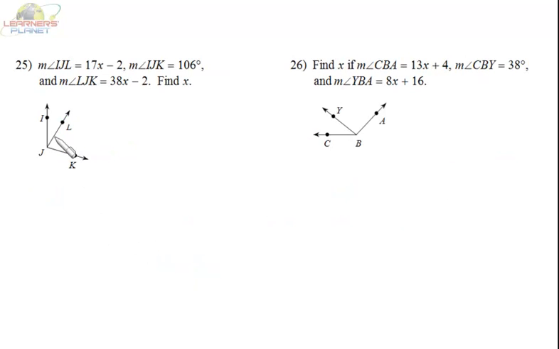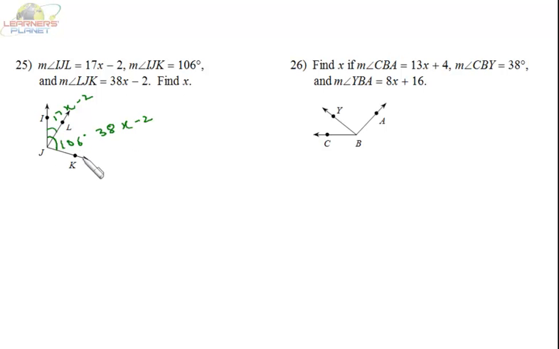Now see this question. Measure of angle IJL, that is this angle, is 17x minus 2. IJK, that is this complete angle, is 106 degrees. This is 17x minus 2 and LJK, that is 38x minus 2.